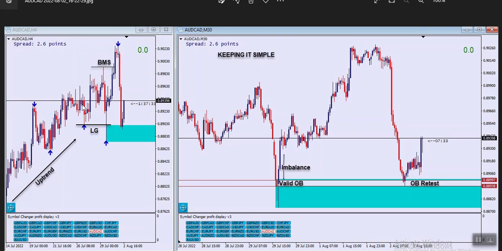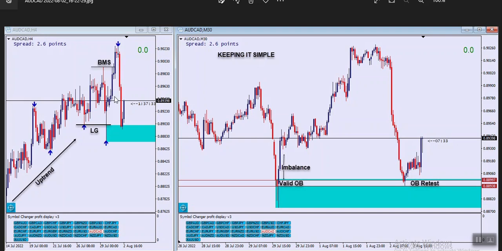After here, we have taking out these highs, and price created this new high and dropped down to this level, but could not take out this low, moved away, and broke market structure. I was expecting a pullback to the zone.